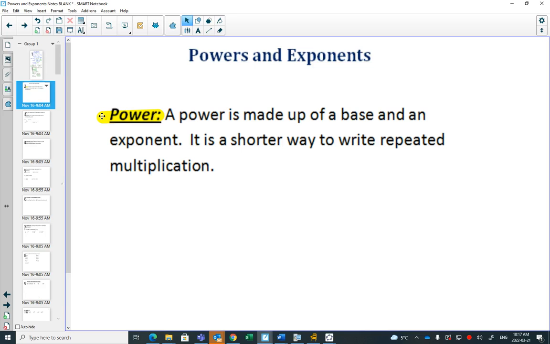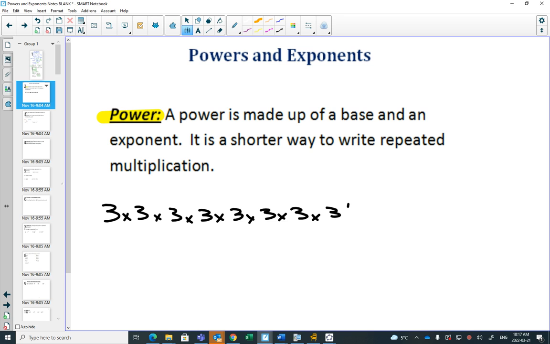A power is made up of a base and an exponent. It is a shorter way to write repeated multiplication. Follow along. If you had 3 times 3 times 3 times 3 times 3 times 3 times 3 times 3 times 3, it's a little annoying to write that down.